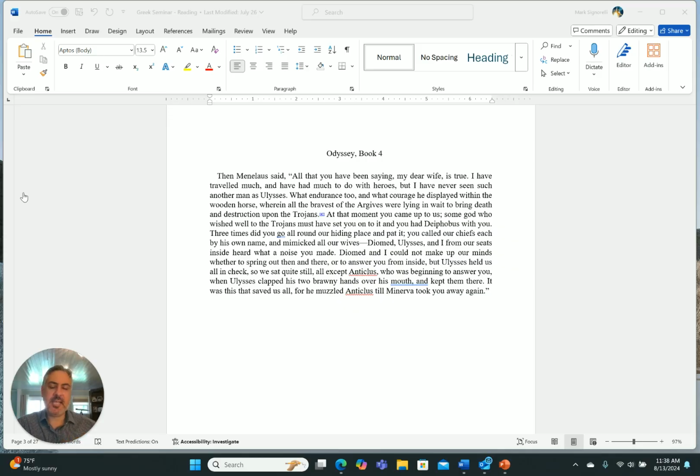So she gives him instructions to set out on the sea, to go to the courts of Nestor and Menelaus, two of the great heroes with whom Odysseus fought at Troy, and see if either of them can provide him with information about his father's whereabouts or survival. So it's a journey that Telemachus goes on in search of his father physically, right? He's going to look for his father to see if he's still out there, if he can find him.